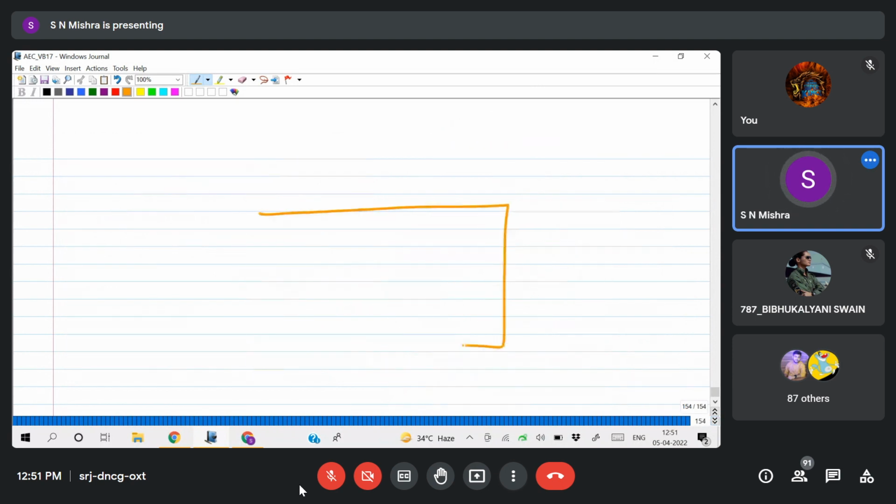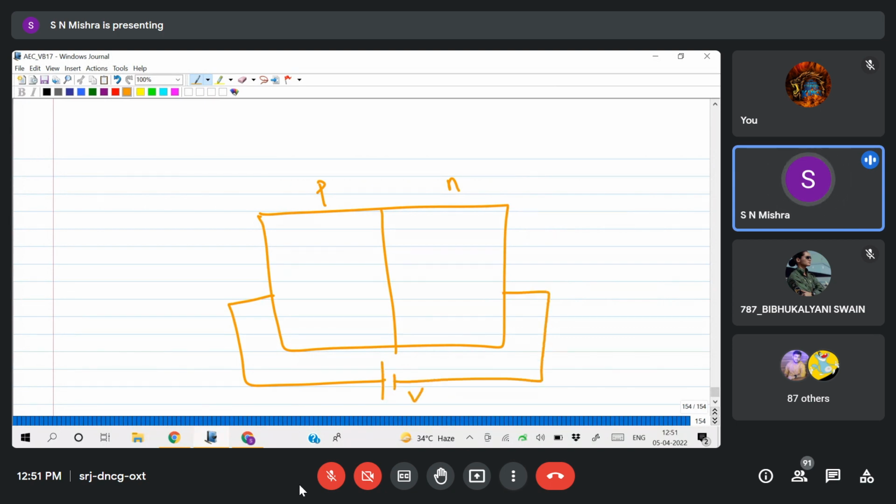If I take a PN junction here and forward bias it, what will happen? Initially there is some depletion region, then the depletion region will erase. Then the holes are present here as majority carrier and electrons are present here as majority carrier.